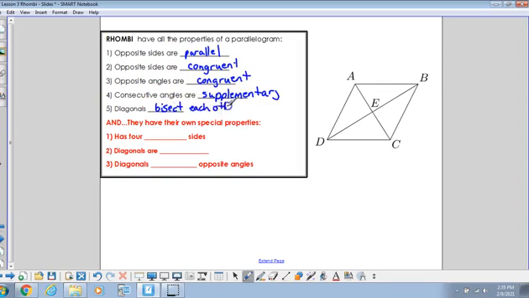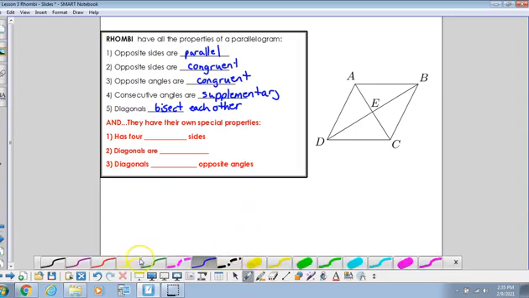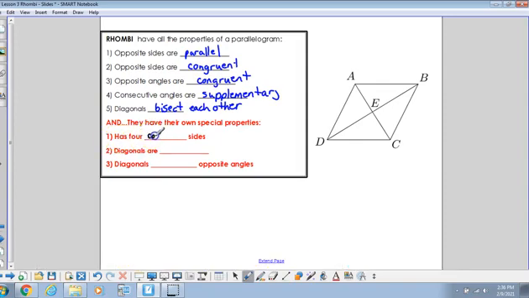Okay. Now I'm not going to put all of those markings on our figure just yet because when we get into some specific properties of rhombi, that's going to change our markings a little bit. So let's talk about the properties that are specific to a rhombus. They have all these 5, and in addition, they have their own special properties, 3 extra properties for rhombi. The first of these special properties is it has 4 congruent sides.